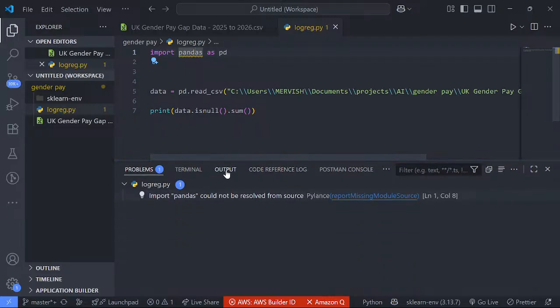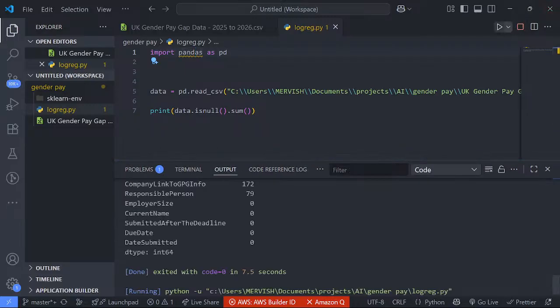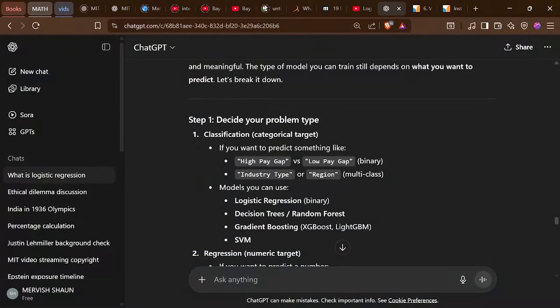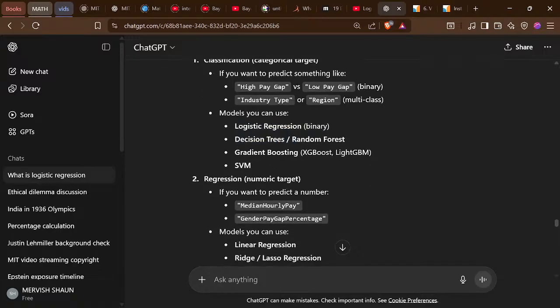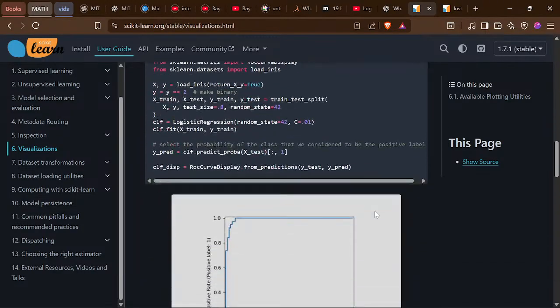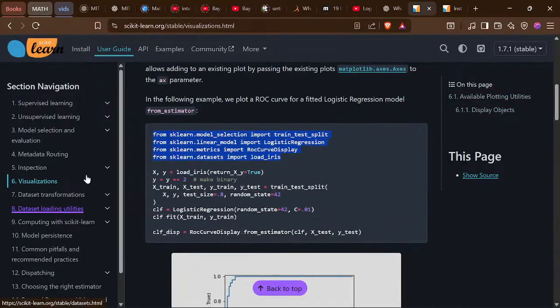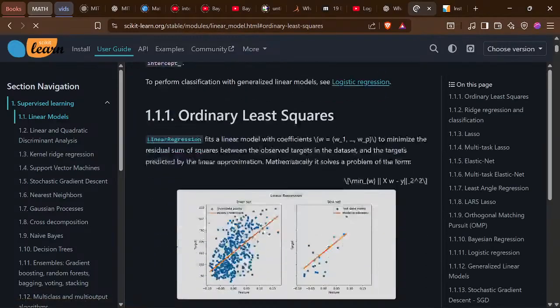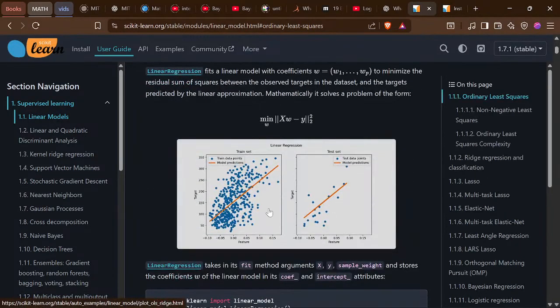I literally downloaded it. Should work, yeah. It's all the missing data. Models you can use, logistic. What can I use logistic? Let's okay, I think I can use all of this. It's for visualization. Supervised learning, linear models, ordinary least squares. Okay, what the? Linear regression.